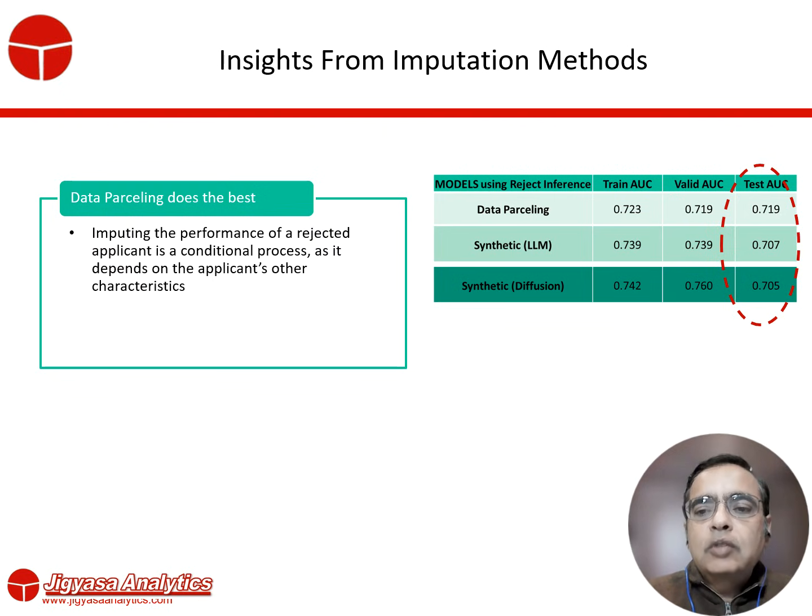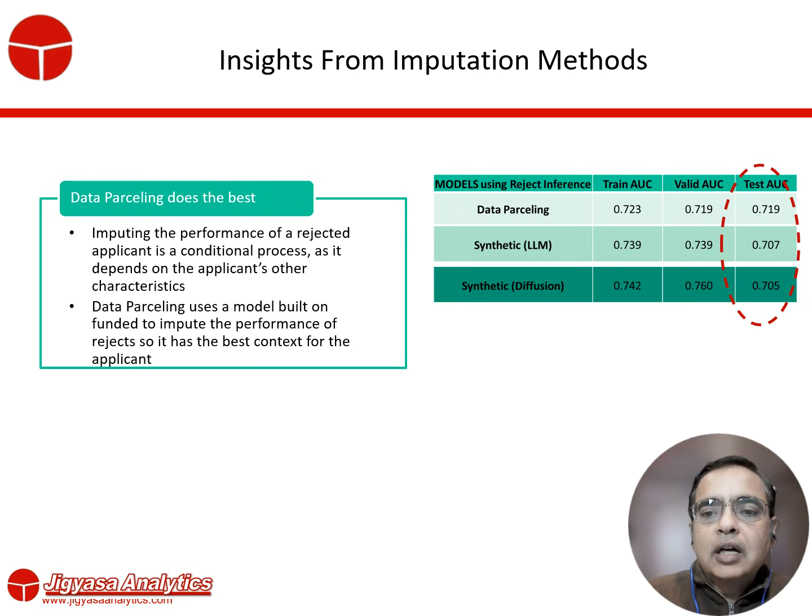So, imputing the performance of a rejected applicant, or any applicant for that matter, is a conditional process. It depends on the other attributes that are available for that applicant. That is the whole premise of credit risk modeling. Now, in data parceling, we are using a model which was built on the funded population to score the rejected population, and using that as the basis to impute rejects.